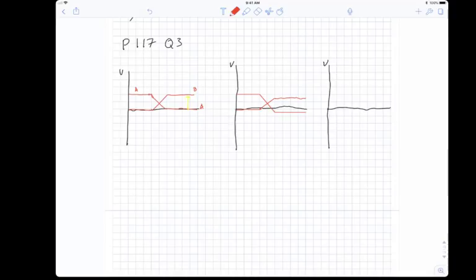So, let's see. Two times 2, 1.5 times 5 times 2.